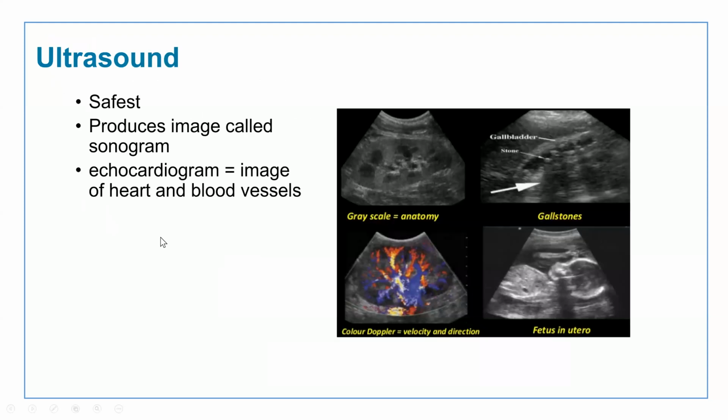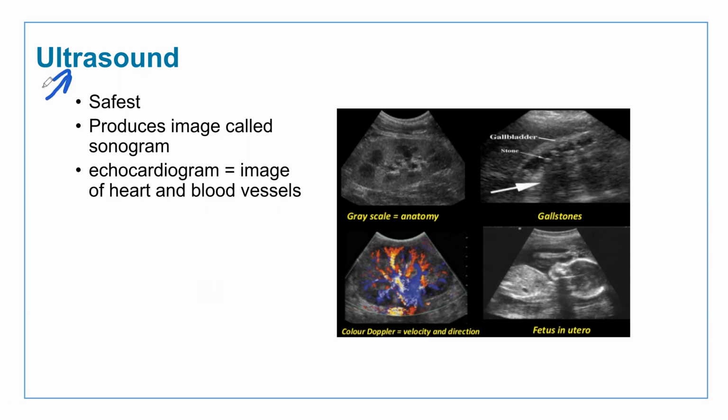Ultrasound is the safest technique, and the image it produces is called a sonogram. We can also use ultrasound to see the heart and blood vessels, and then we produce an echocardiogram. Because it's the safest technique, it doesn't use X-rays, it doesn't use a magnetic field.